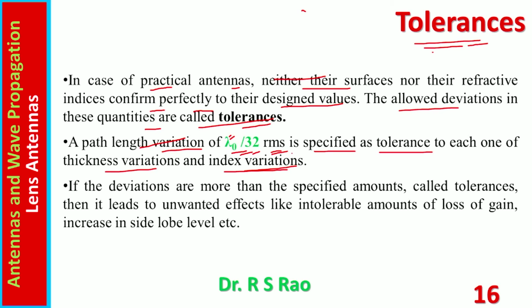Lambda naught by 32 RMS is the basis used for determining tolerances in thickness and index variations. If the deviations are more than the specified amounts called tolerances, then it leads to unwanted effects like loss of gain, increase in side lobe level, etc., which may be intolerable.